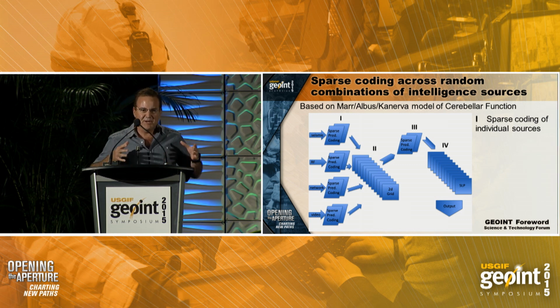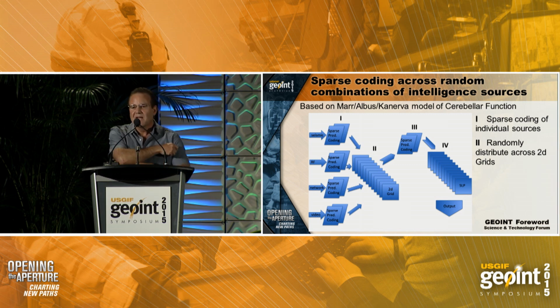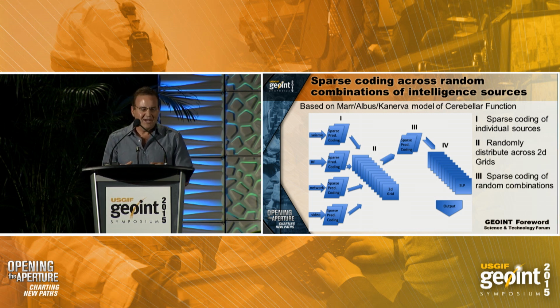So each stream is being represented with a sparse representation. We then take those sparse representations and we scramble them. We throw them down randomly on a stack of 2D grids. We then learn a second level of sparse coding on top of those randomly distributed individual data streams. The random distribution allows us multiple opportunities to find high-level correlations among these different multi-INT streams.